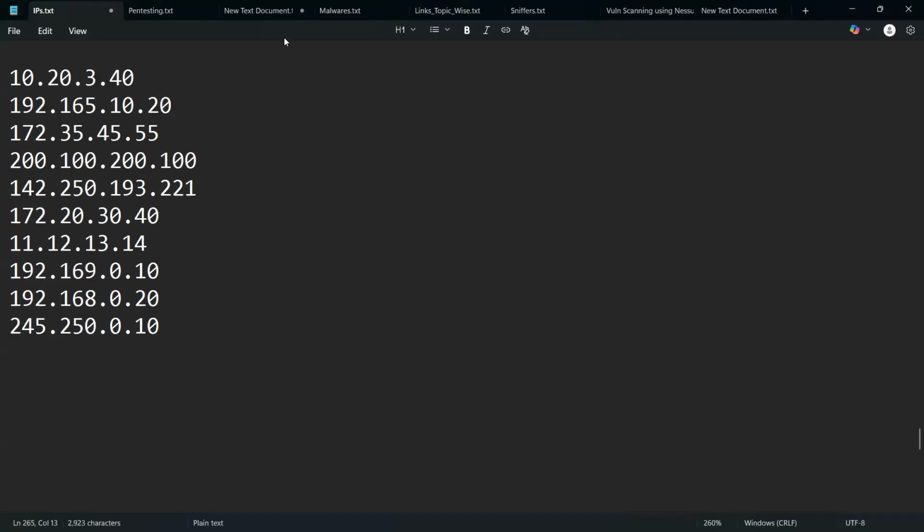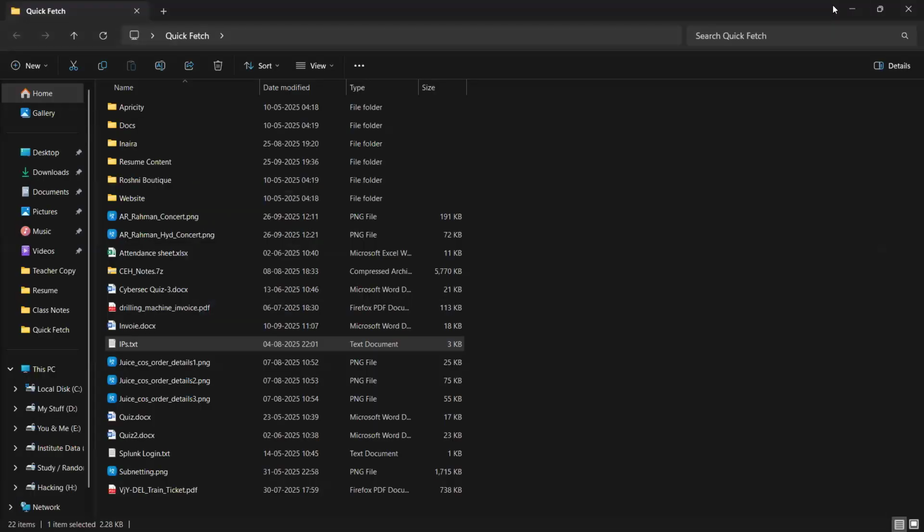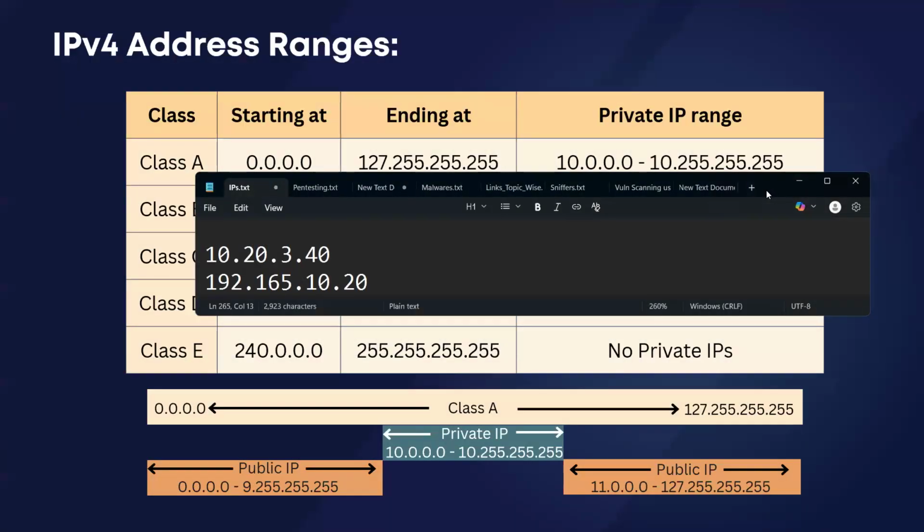So I just have some random IPs written down here, guys. Now, looking at these IPs, we'll try to figure out which IP is a public IP and which IP is a private IP, and which class they belong to as well.